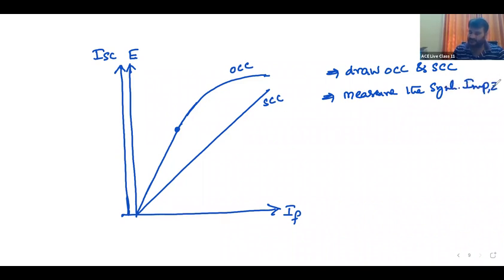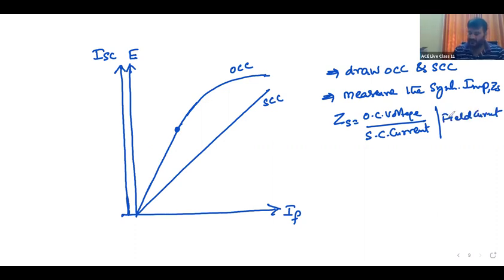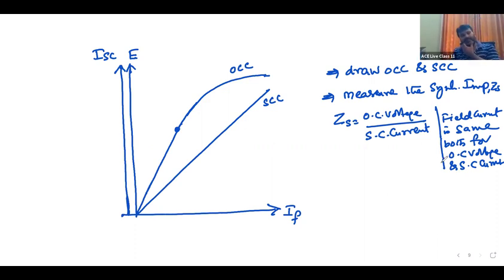Synchronous impedance ZS. And ZS is equal to what? ZS is equal to open circuit voltage by short circuit current. But field current is the same, both for open circuit voltage and short circuit current.